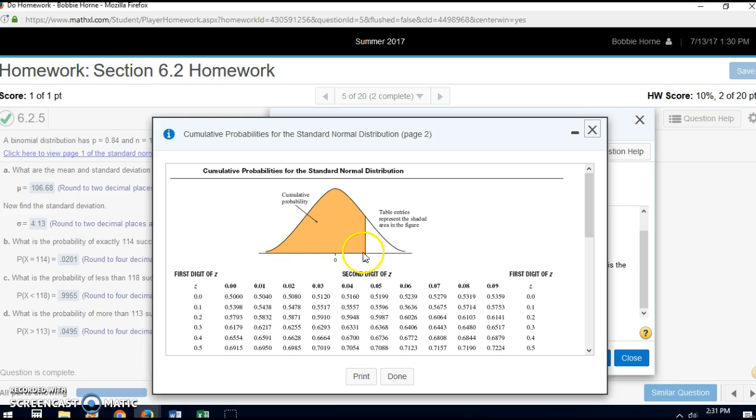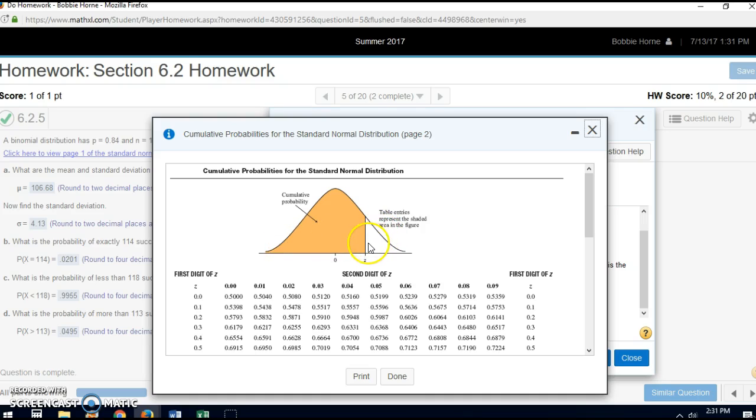But let's say you want to know anything greater than that. This table tells you the probability all the way up to that point. If you wanted to know anything greater than that, just remember the whole is 1. Everything under here adds up to 1. So if you know the probability from here to here, and you want to know the probability of it being greater than that, you take 1 minus everything behind it, and that would give you the probability of this.